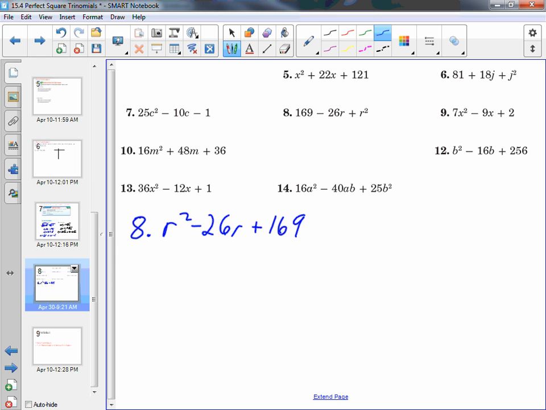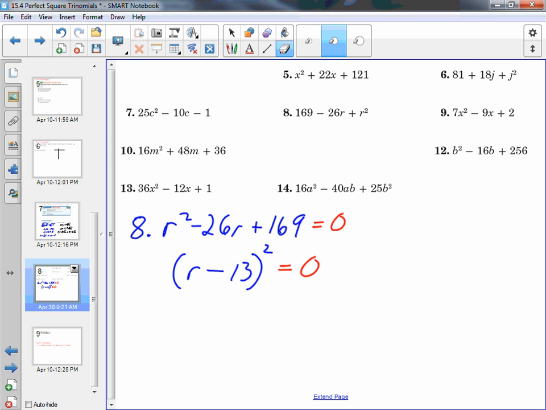So it is a perfect square trinomial, which means our factorization is a, which we said was r, minus, because the bx term there is negative, b, which we said was 13, quantity squared. Okay? You with me?